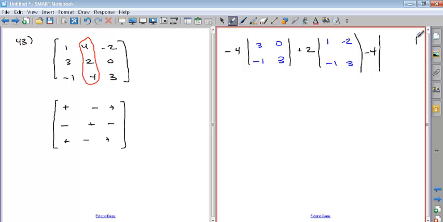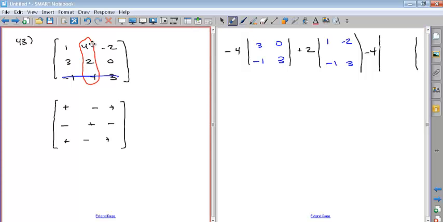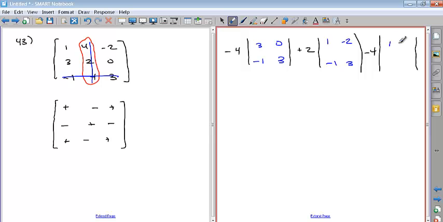And we have this determinant. So let's mark through the row and the column that this is in. That leaves the numbers 1, -2, 3, and 0. Okay.